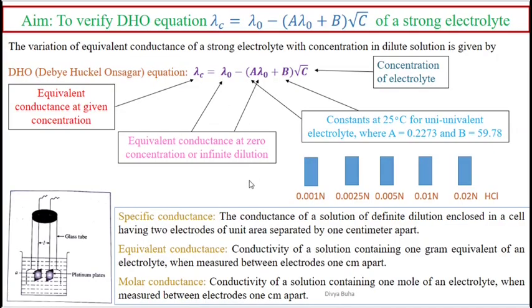With that value you have to prove that the DHO equation is being satisfied for a strong electrolyte. Over here you can see that the variation of equivalent conductance of a strong electrolyte with concentration in dilute solution is being given by the DHO equation, right? So lambda C over here is the equivalent conductance, right?